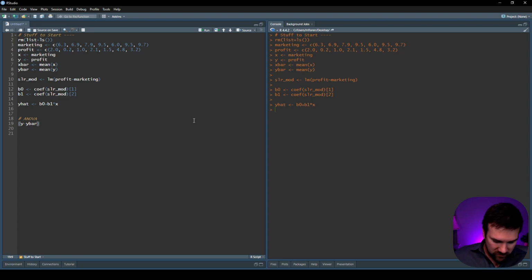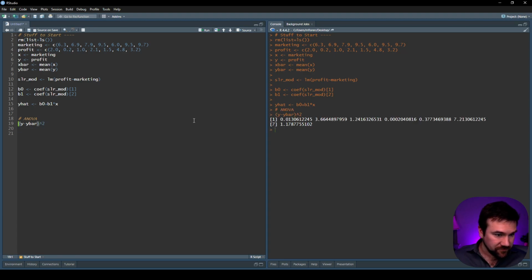We raised these to the second power, and then we added all these up, and this was the sum of squares total. And that's it. That's what we do. Take all the y's, subtract the means from it, raise all those values to the second power, and then add them all up, and that's the sum of squares total.